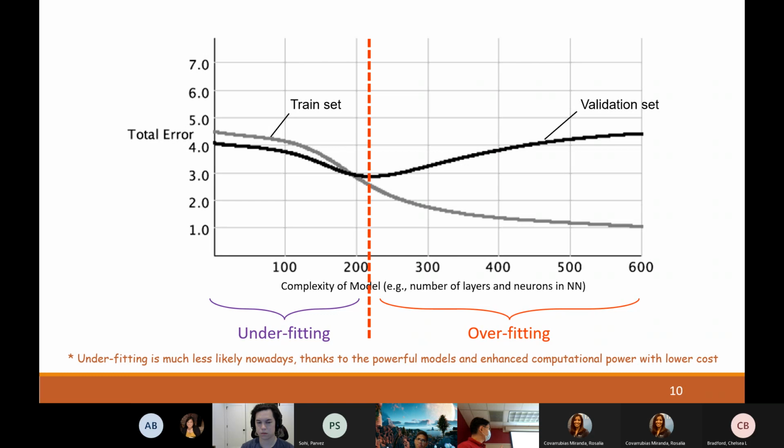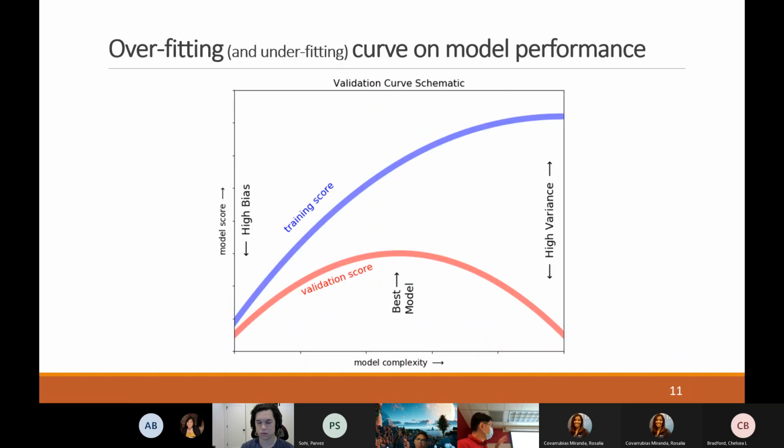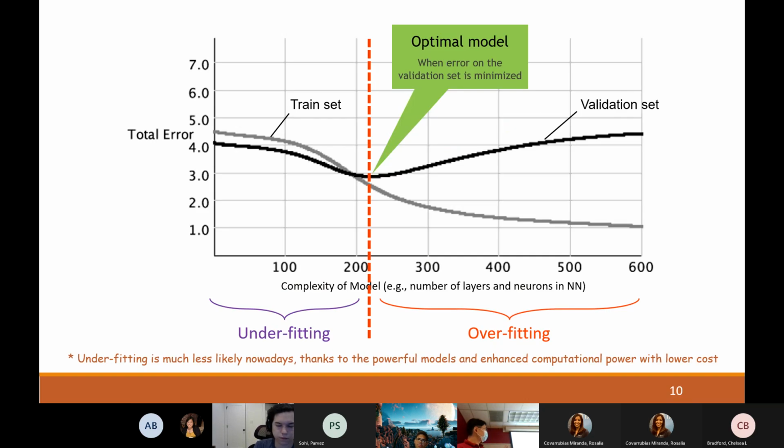If y is the error rate, which is the badness of performance, the line will look like that. If y shows the accuracy of the model, the line will be concave. If it's error, the line will be convex.